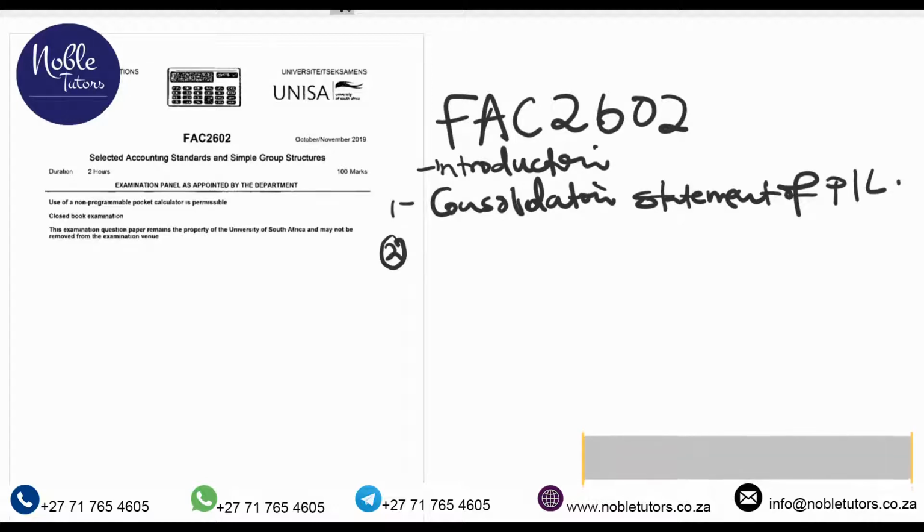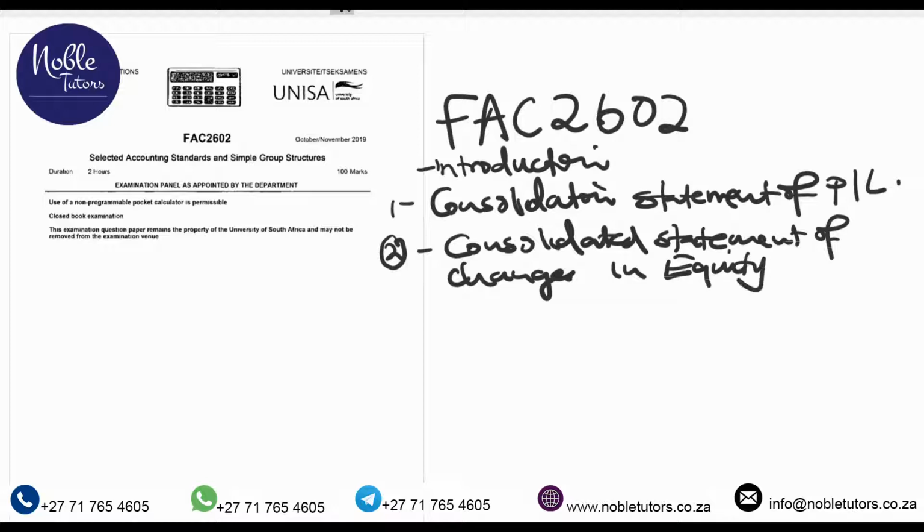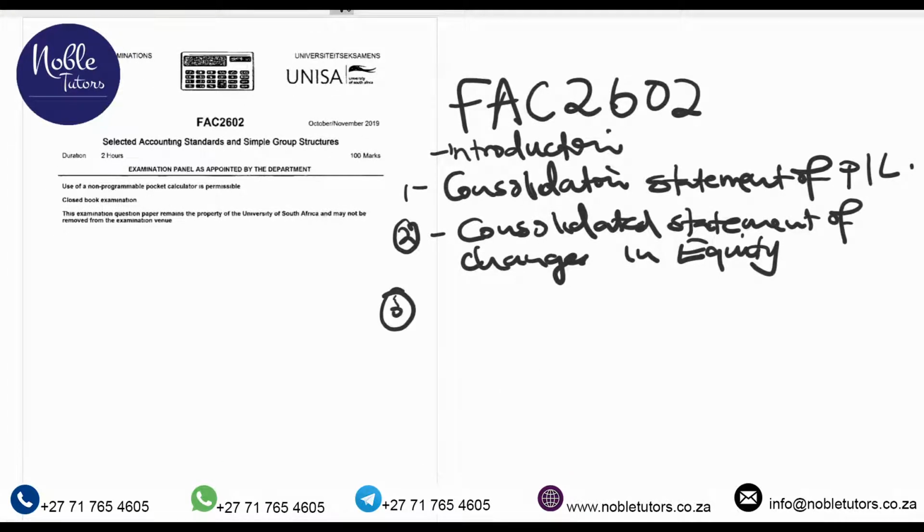Then from the statement of profit or loss, we're going to go to the consolidated statement of changes in equity. Then after that, we're going to do the consolidated statement of financial position.